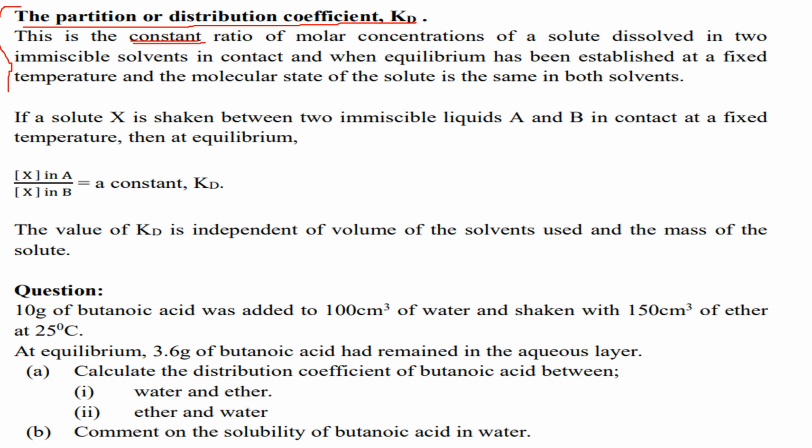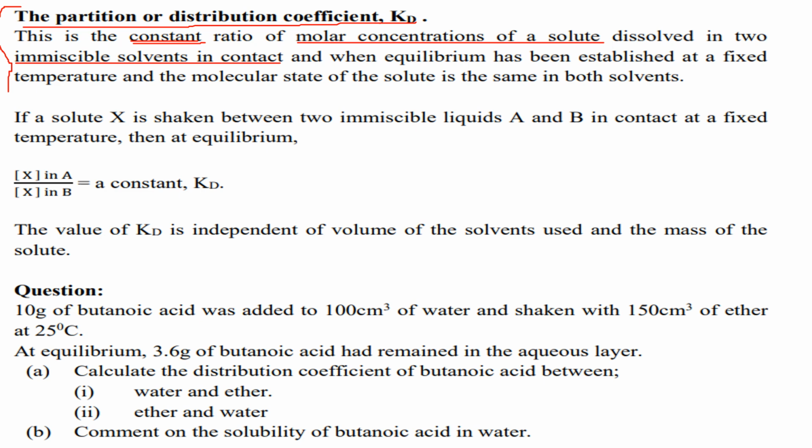It's going to be the constant ratio of the molar concentrations of a solid that has been dissolved in two immiscible solvents. But I've told you that whenever I talk about immiscible solvents, these solvents must always be in contact. So that's very important.